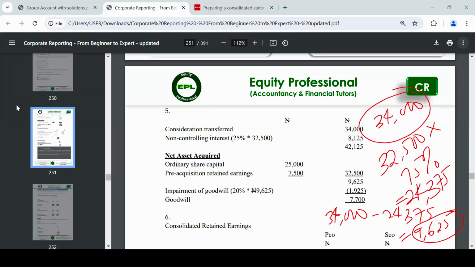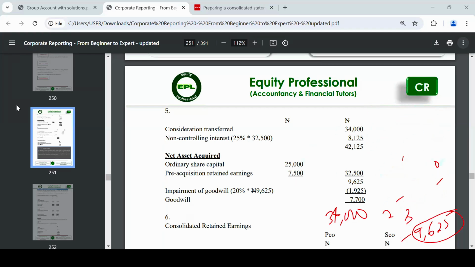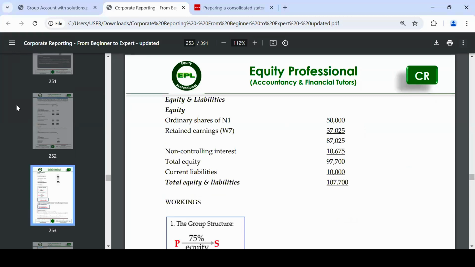In proportionate share, this 825 is exactly 25% of this. So there is no goodwill that is attributable to NCI. However, in the next question we are going to be looking at, NCI, anytime it is at full or fair value, NCI will own a portion of the goodwill.